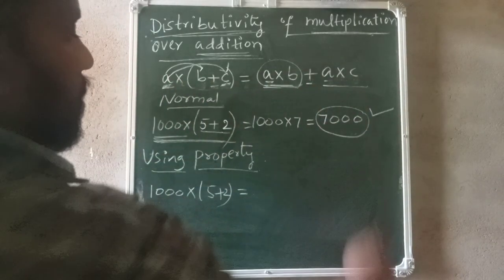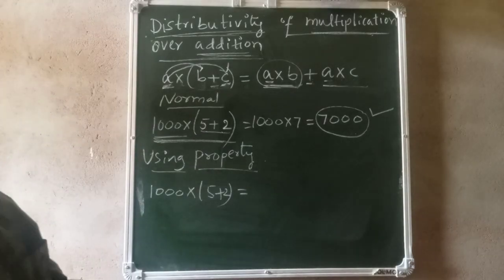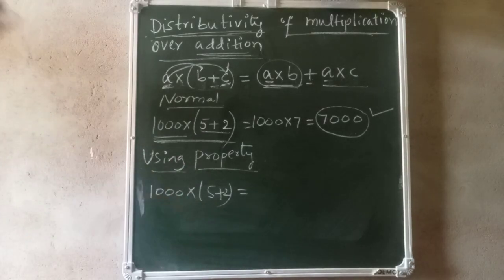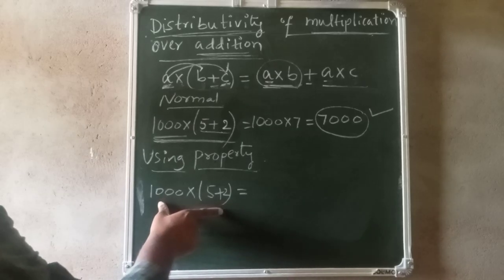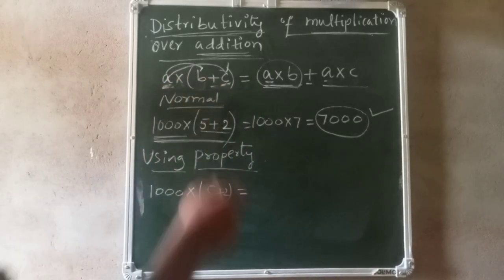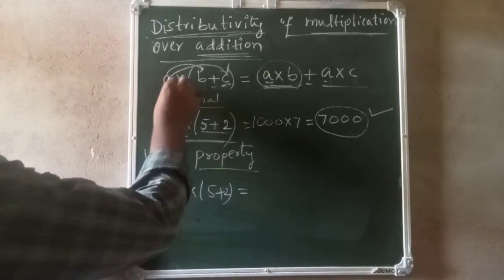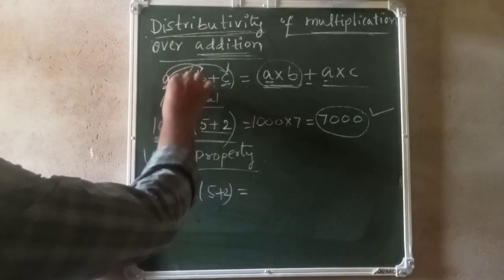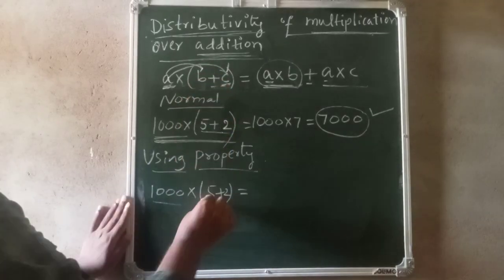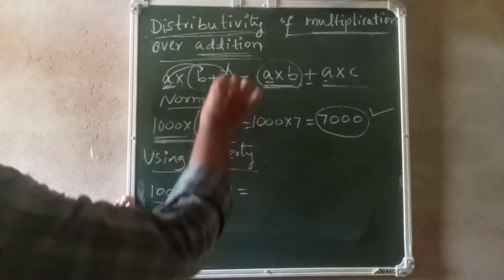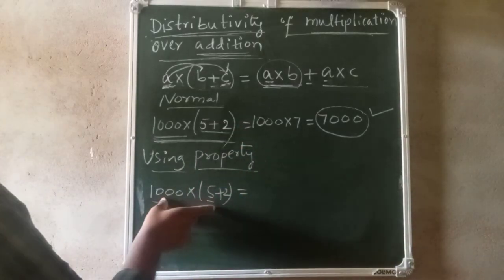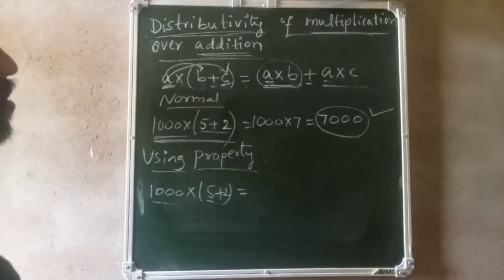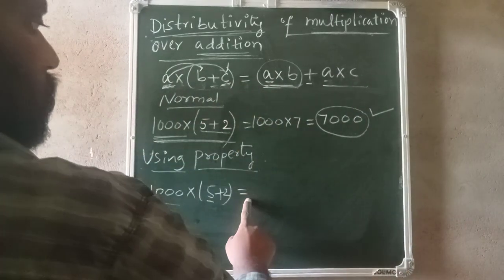Now using this property, we are going to simplify this. So now we can see this is in the form of this. Correct? So in place of A, 1000 is there, into in place of B, 5 is there, plus in place of C, 2 is there. Okay, so this is in the form of this.